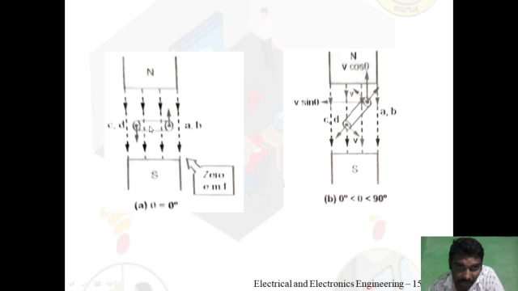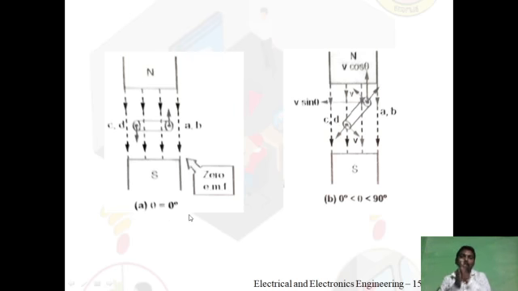But if you observe the components of velocity, these two comes in parallel to the lines of flux. It slides over the magnetic lines of force. That means there is no angle between the components of velocity and the magnetic lines of force. Therefore, I can call this one as theta is equal to 0.